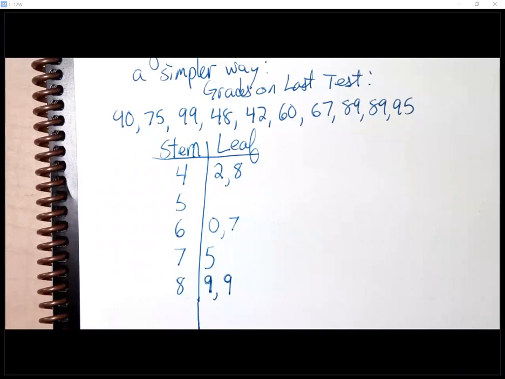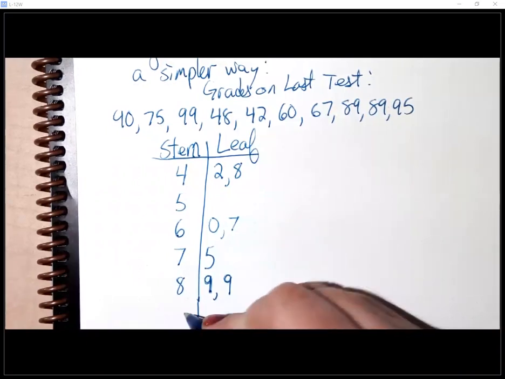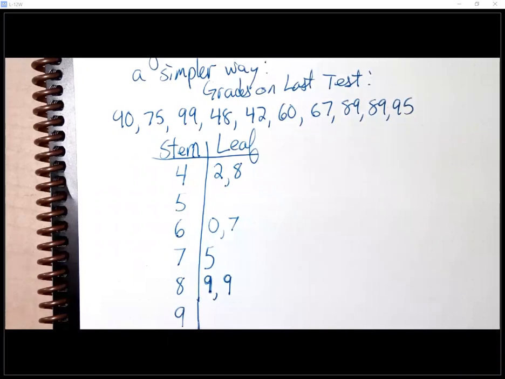Go ahead and try and do the 90s stem and leaf. Oh, by the way, on the leaf side, try and put your leaves in order from least to greatest.